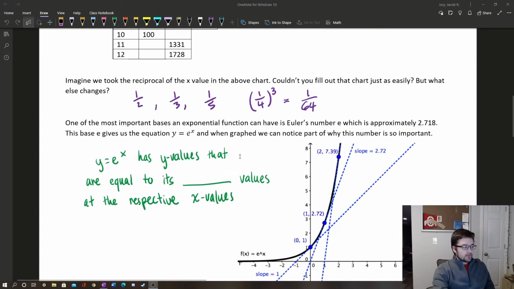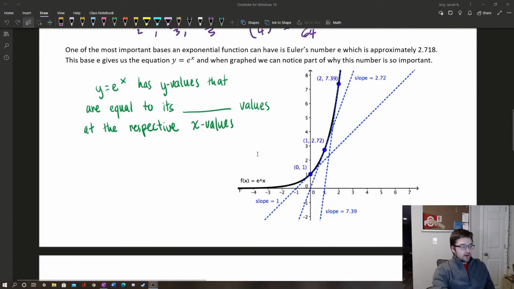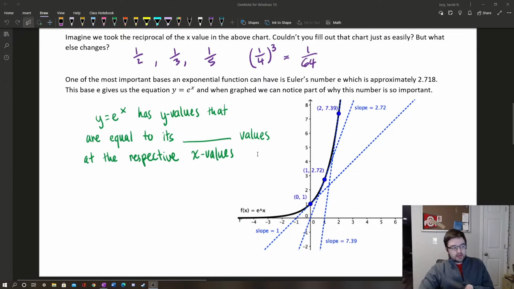Alright, now at the bottom here we've got the introduction of this number e. This is Euler's number, and it's approximately 2.718. And what you need to know is this number creates an exponential equation that has y values that are equal to its slope values.